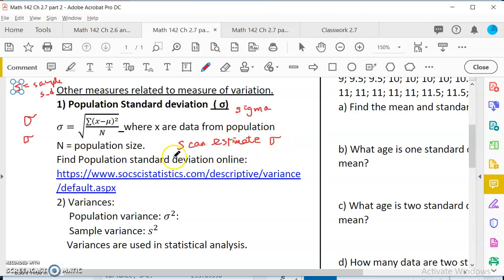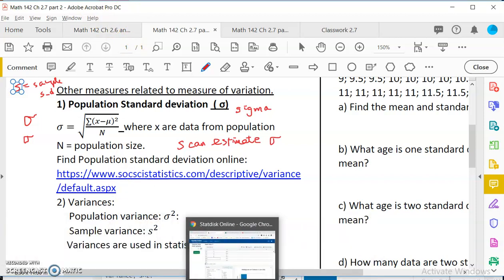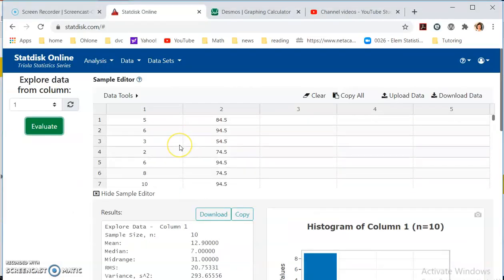So how do I find the population standard deviation? Of course, you have to have your population data. If you do a census, you collect everyone's data in your population, you can use this formula to calculate it. Now, StatDisk does not provide that, because StatDisk assumes that 99% of the time, except for the Census Bureau, I guess, all the data that you have are just a sample.